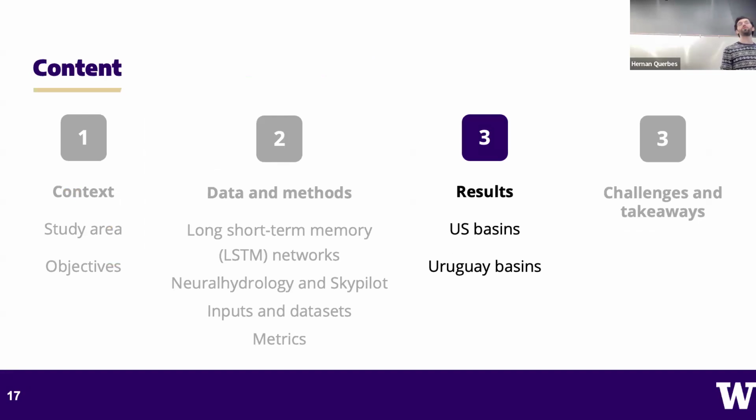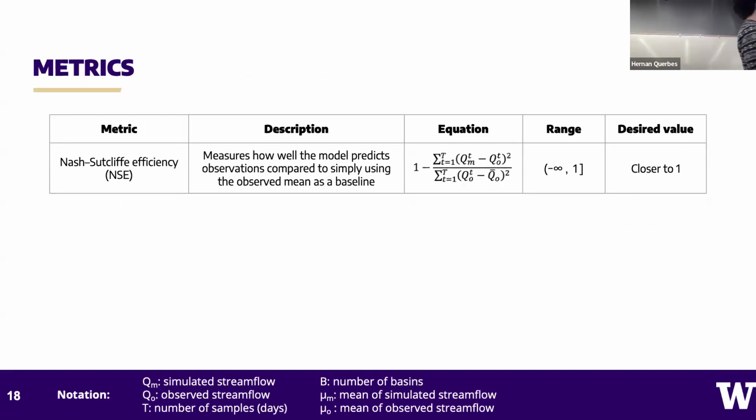So now let's go to the results section. For this first, I have to introduce which metrics I'm going to use to evaluate my simulations. Starting with the NSE, which is also my loss function. The NSE measures how good are the simulations when compared to the mean of the observations. So the baseline here is the mean of the observations.